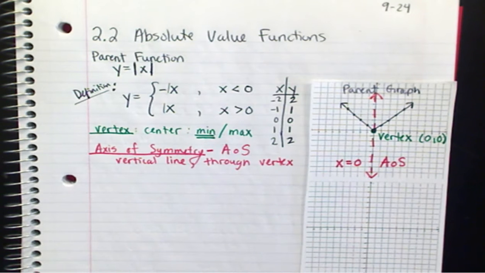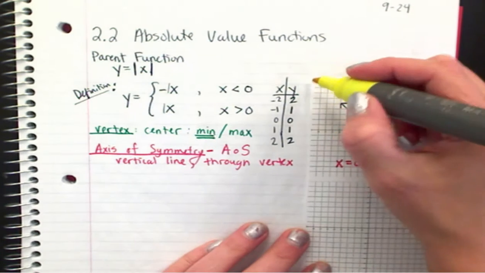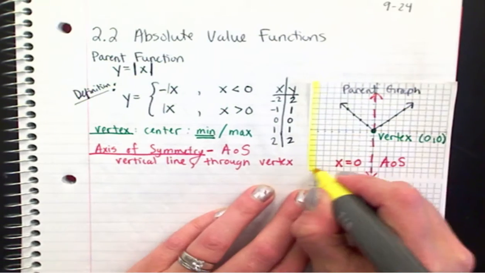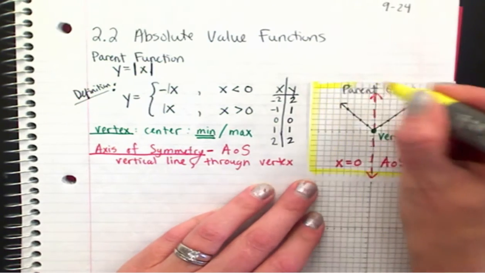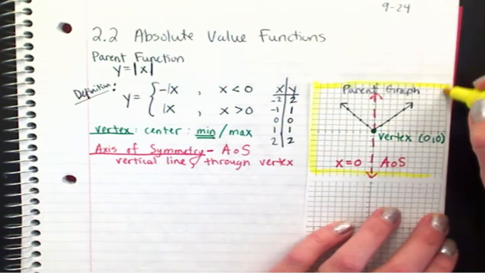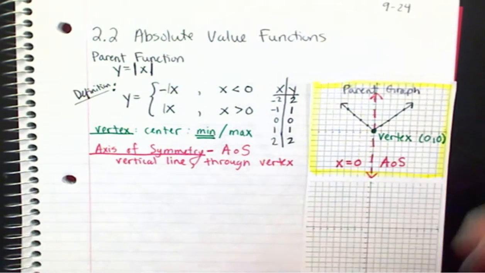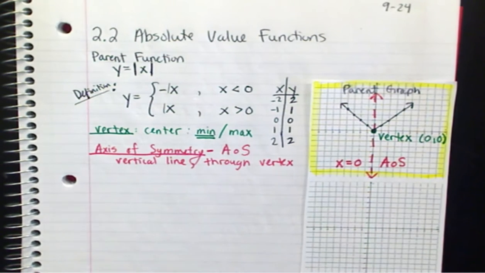This is your parent graph. You need to memorize this graph. You need to know what it looks like, okay? You need to be able to tell me those vocab words or those characteristics.